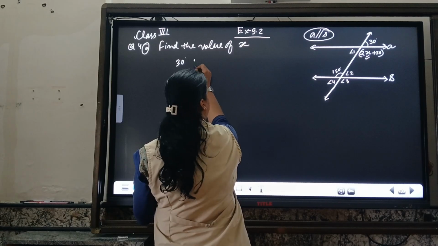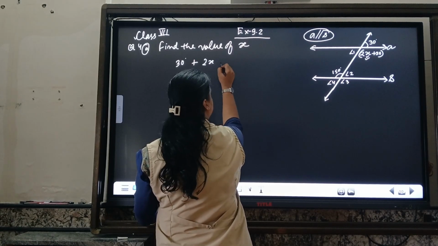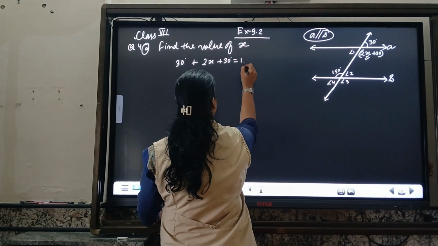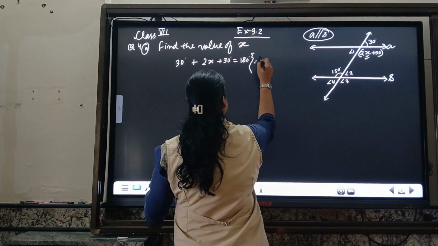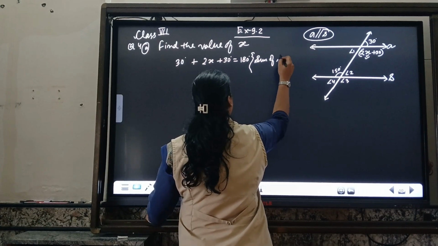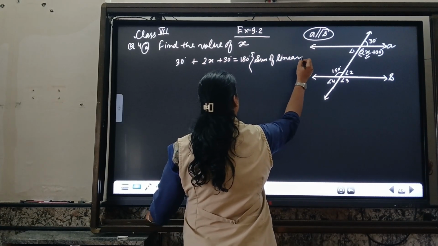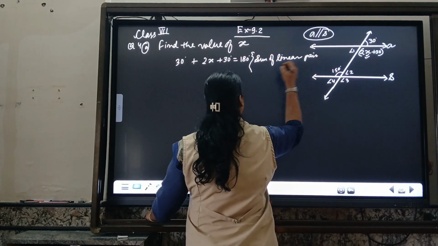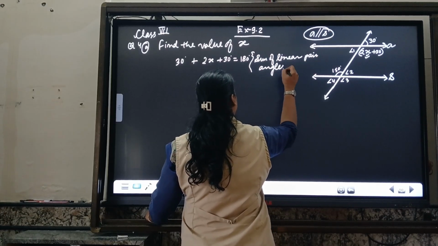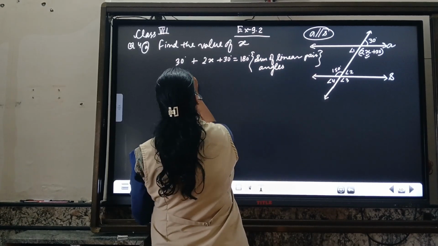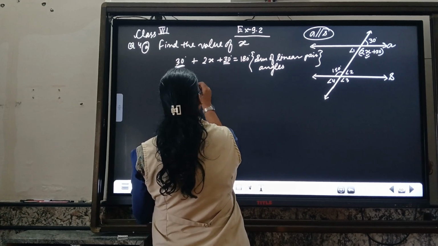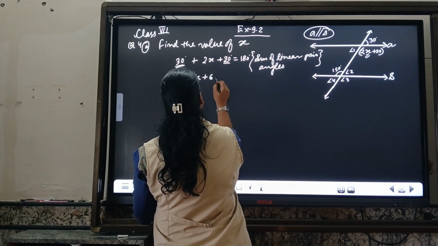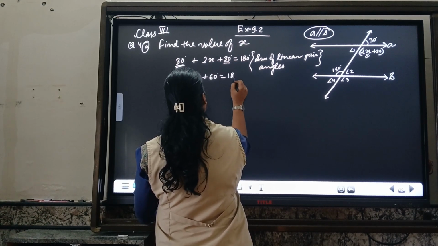30 degree plus 2x plus 30 degree is equal to 180 degree, sum of linear pair angles. Now I will add 30 and 30, so it will give me 60, and 180 degree.